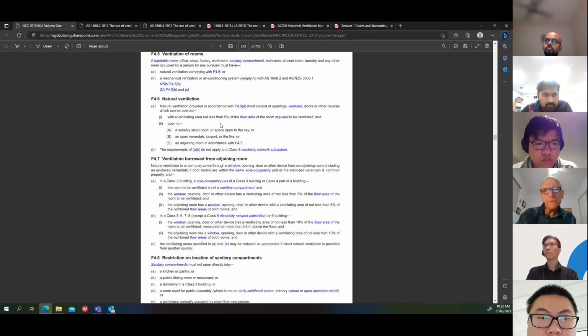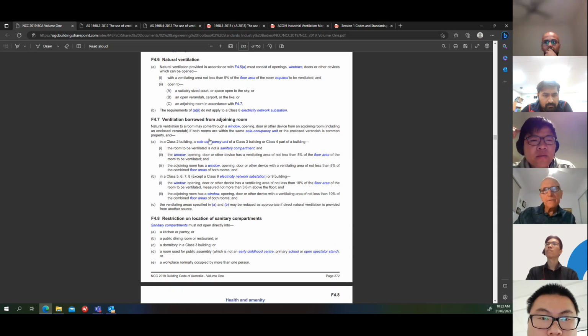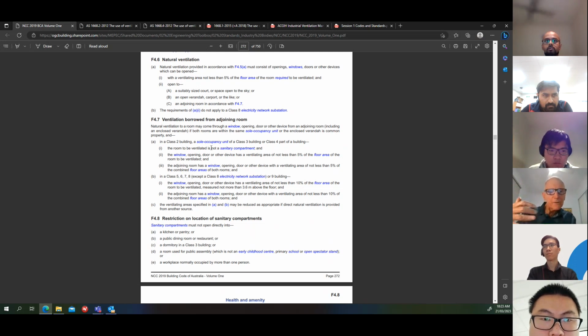Likewise for bathrooms, if they've got windows to the outside. If you've got a bedroom that doesn't have a window, for instance, you might be able to borrow ventilation from an adjoining room. But then these numbers have to increase to allow enough air to come in to provide ventilation for that room.